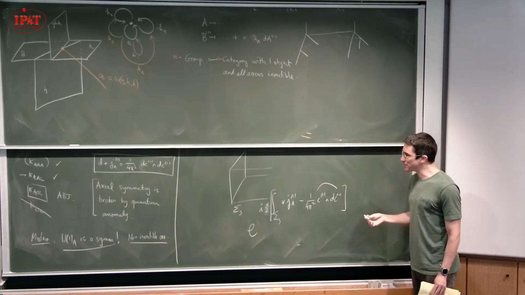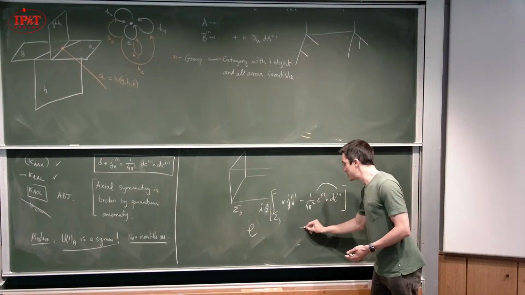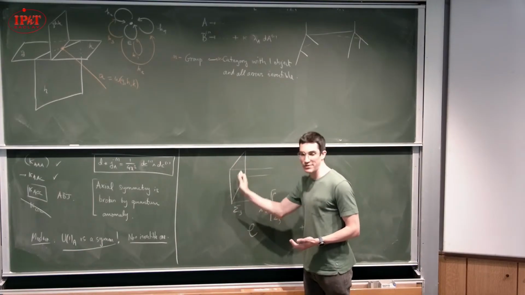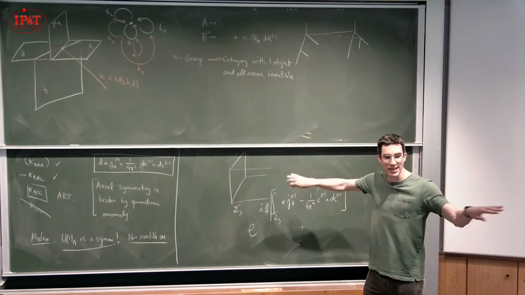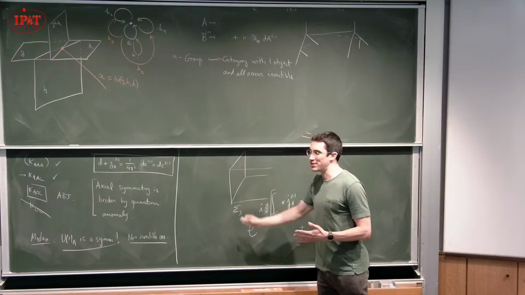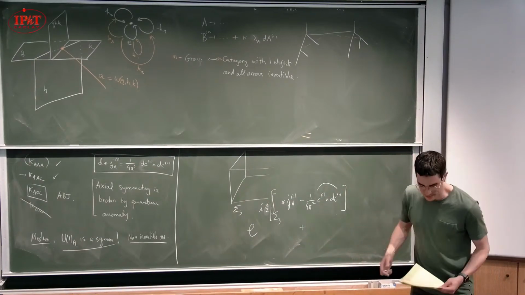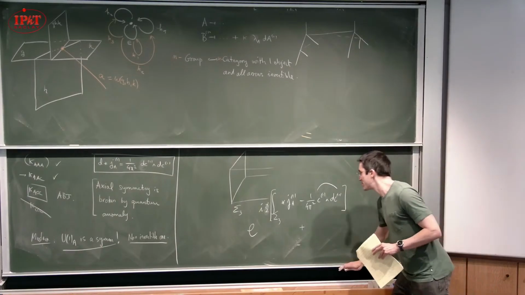An equivalent way of saying this is to add a bunch of fields which are defined only on the defect. So the defect now carries some fields which do not extend in the bulk. They are localized on the defect, but they have some action and so on. So I could just write this.